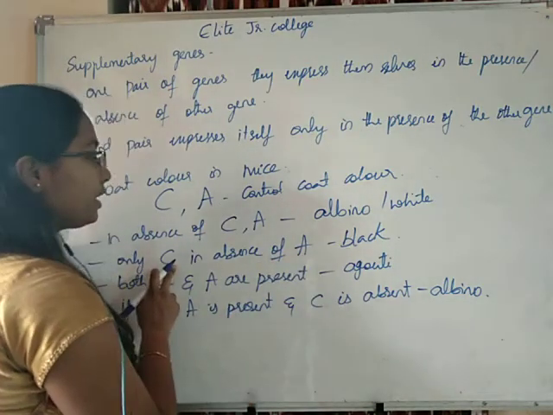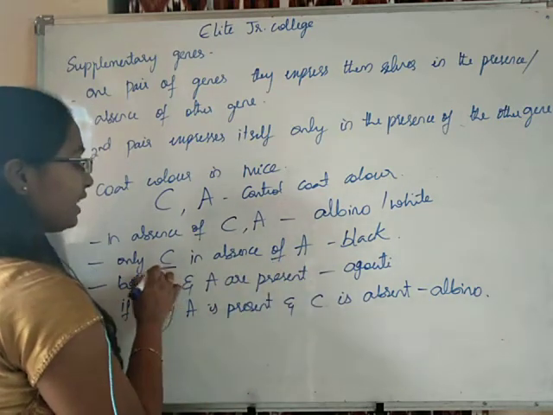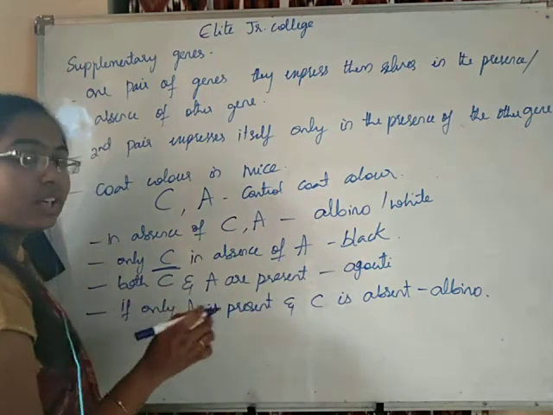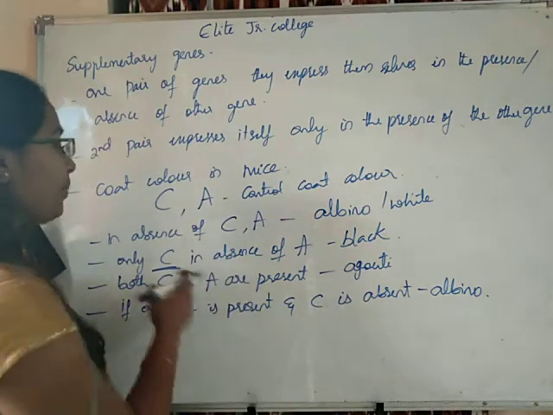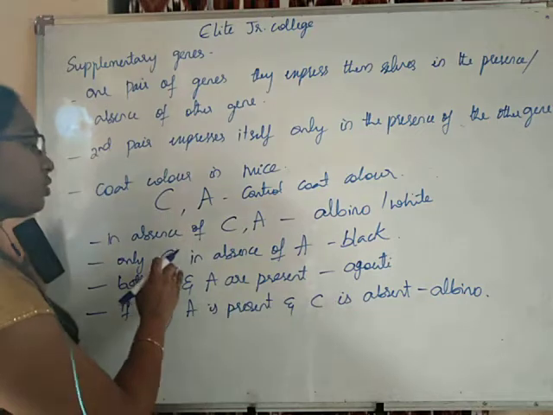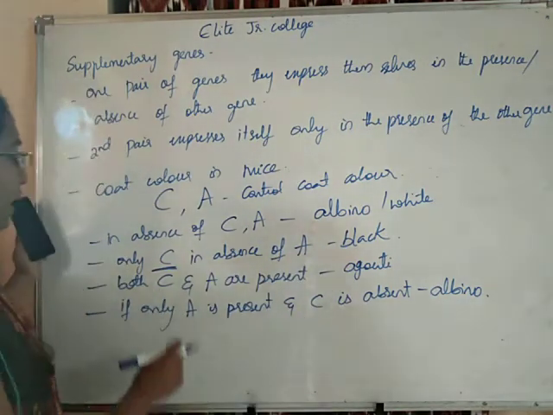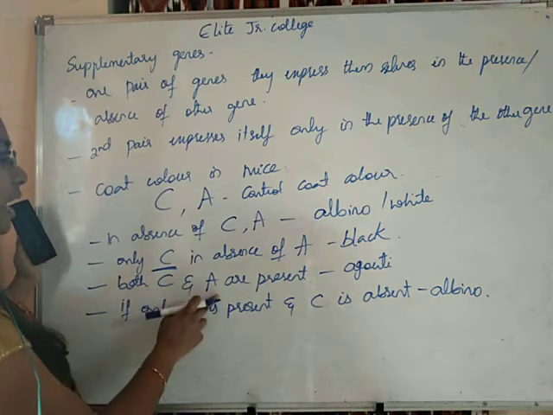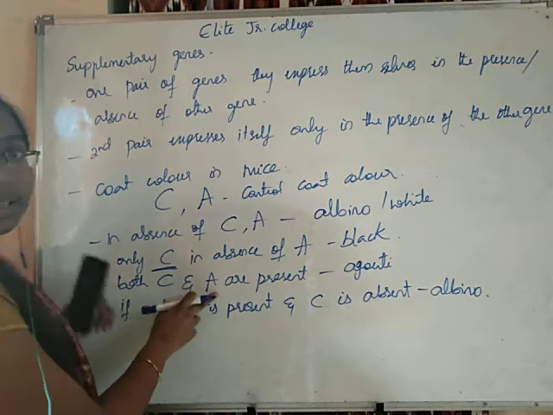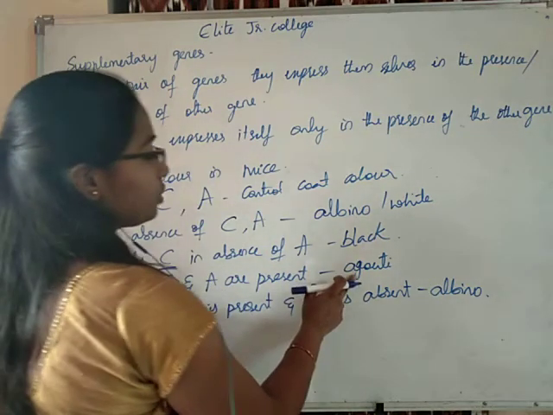That means C is the allele which expresses itself even in the absence of the other allele. Even if A is not present, C is expressing the color, giving black. Whereas if both capital C and capital A are present, they interact with each other and together produce agouti color.